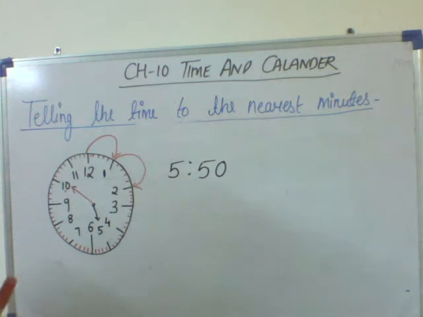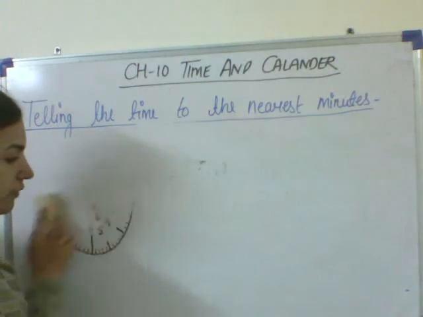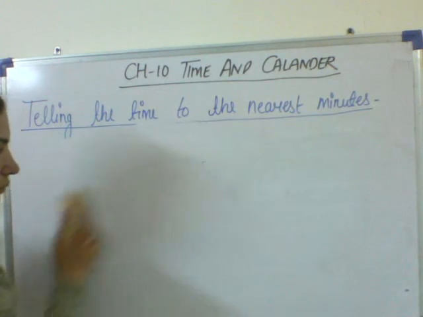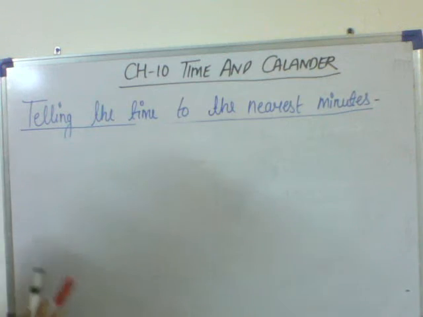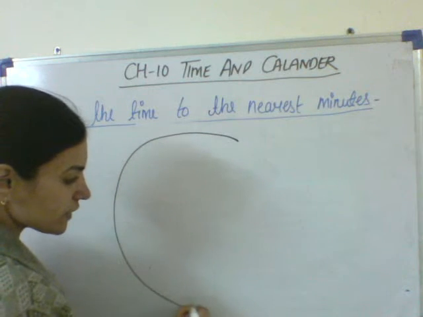Let us do one more. Let us draw the clock again, and then we will write the time. I am again drawing the face of a clock.